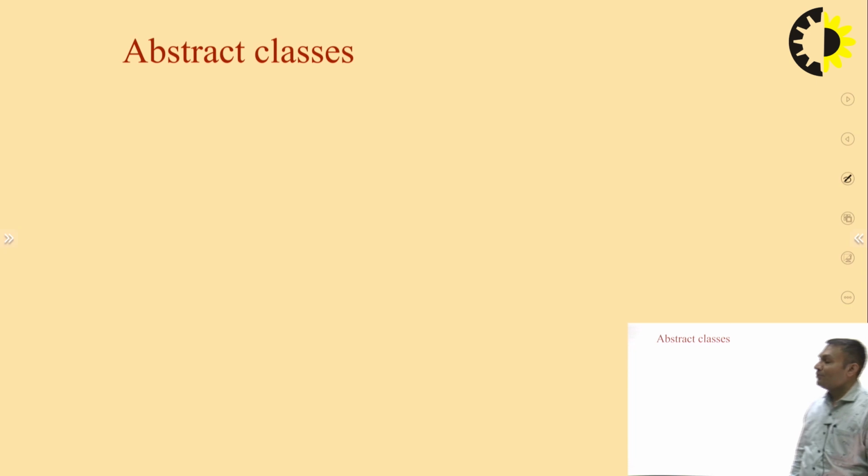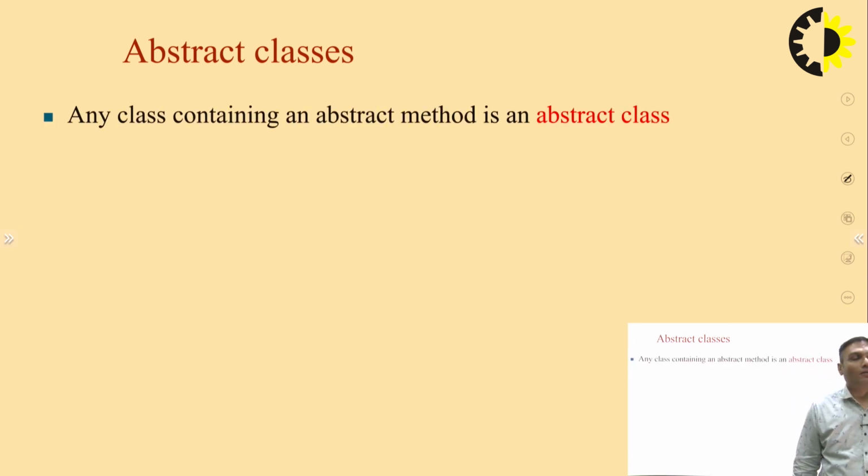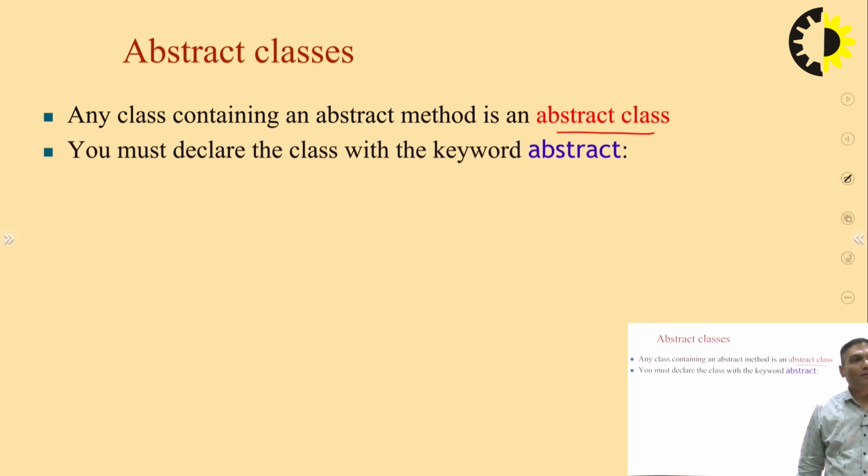Now there are abstract classes as well. So what is an abstract class? Any class that contains an abstract method can be considered an abstract class. You must declare such a class with the keyword abstract, just before the name of the class, as we have used with the name of a method.